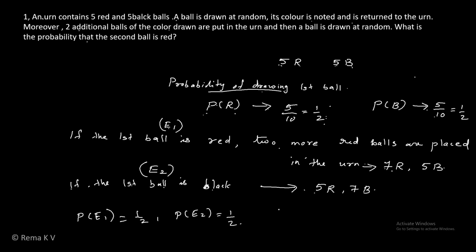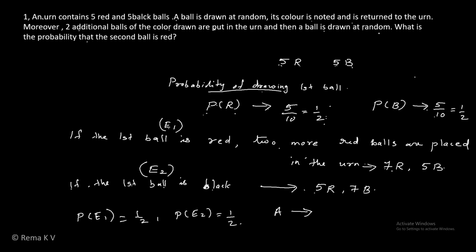Now we have to get the event A. You have to write the event A from the question. See now, two additional balls of the color drawn are put in the urn and then a ball is drawn at random.